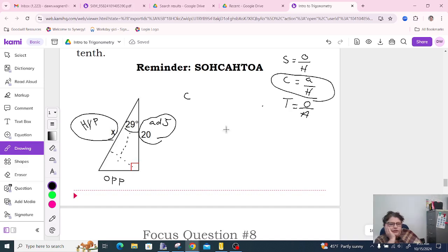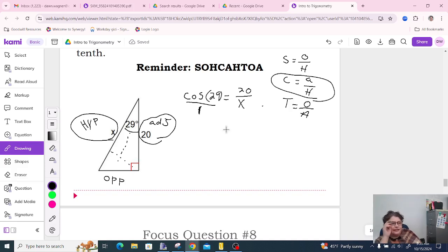So you would do cosine 29 is equal to 20 over x. Now, in this case, we're going to have to divide because my x is in the bottom.